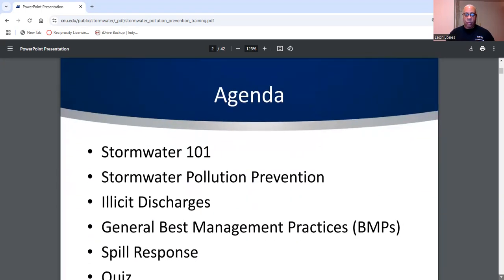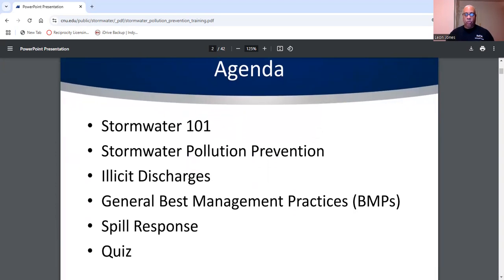The agenda. We'll talk about Stormwater 101, Stormwater Pollution Prevention, illicit discharges, general best management practices known as BMPs, spill response, and quiz. Now, earlier, we got into sediment and erosion control where we work with the state of Vermont.